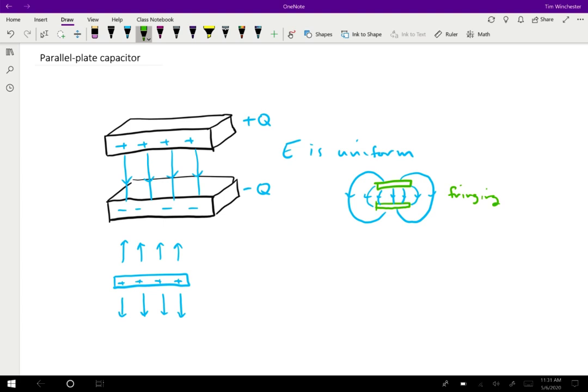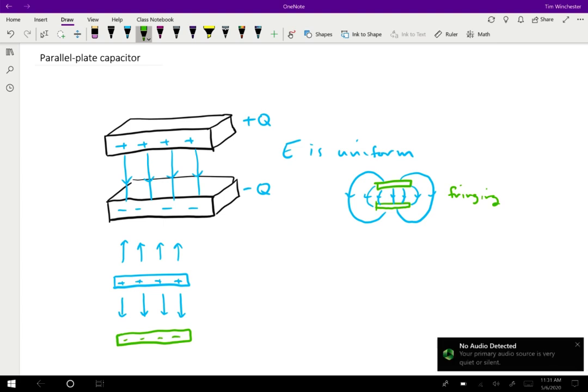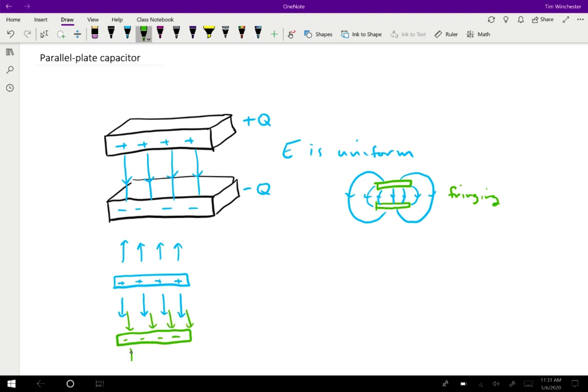All right, let me have then the negative plate over here, which will have negative, negative, negative like that. And this time the field vectors are going to point towards the negative plate. And that'll be true both above and below. But the electric fields don't stop at each of the plates.